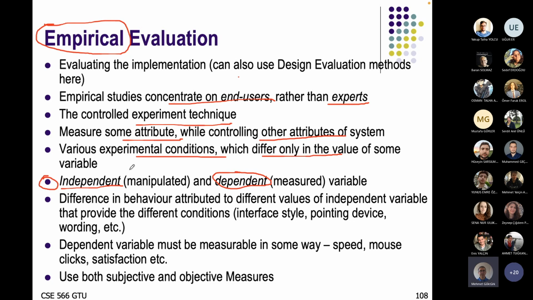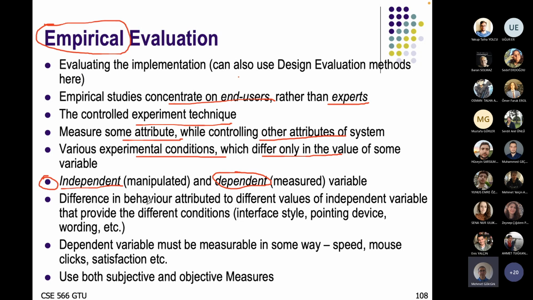So type of method is the independent variable. Time to complete is dependent variable. Or we can change the distance between two dialog boxes or change the distance between two buttons and observe the performance. The performance values are measured variables. Distance is the independent variable.